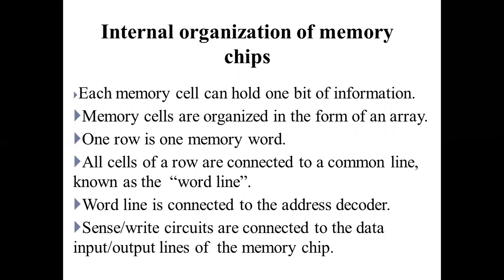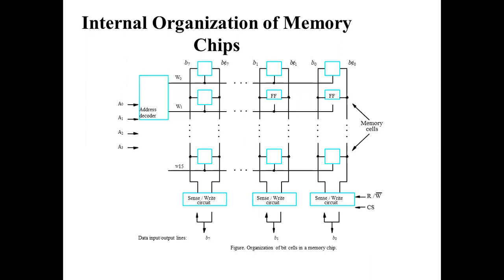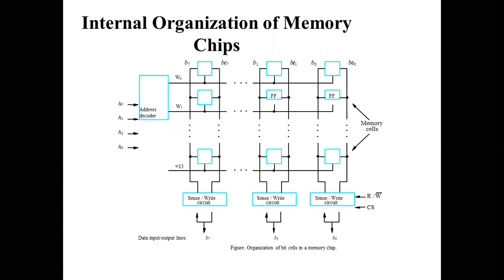Here you have seen that each memory cell can hold one bit of information. You can see these are the memory cells. I will show you with this annotate feature, with the spotlight, everything. These are different memory cells which have been organized in the form of an array. All these memory cells together will be called one word.